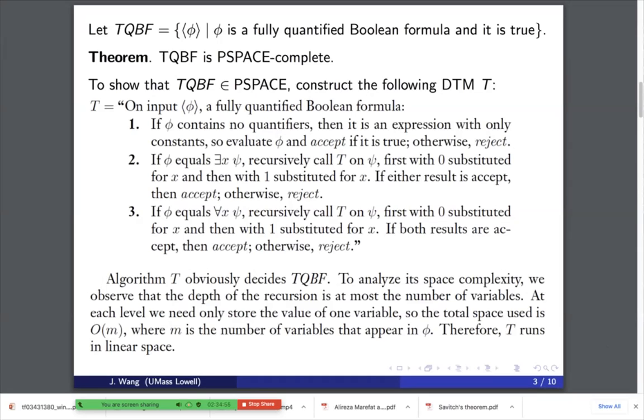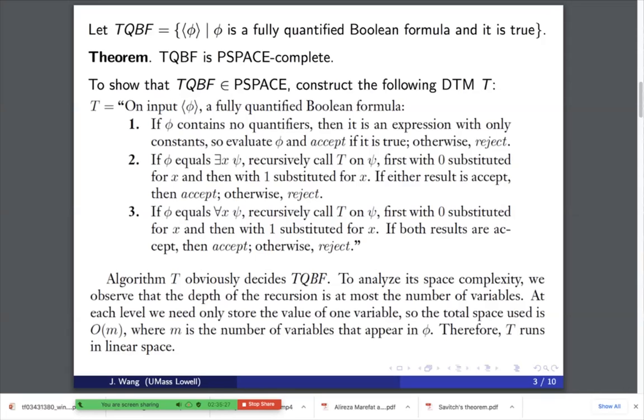So we want this Turing machine we construct to determine whether it is true or false. Remember, only one can happen, right? So number one, we check. This T checks if this formula phi contains no quantifiers, then it is an expression with only constants. So evaluate phi and accept it if it is true, otherwise reject.